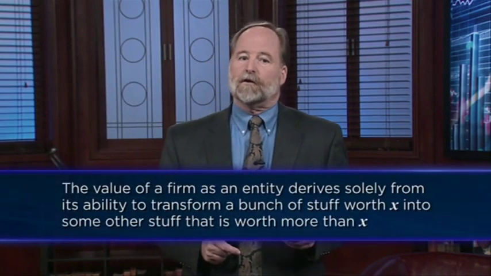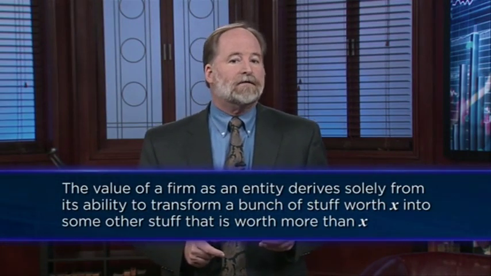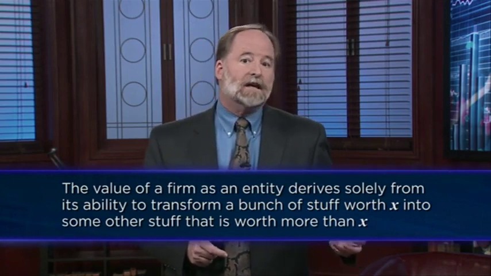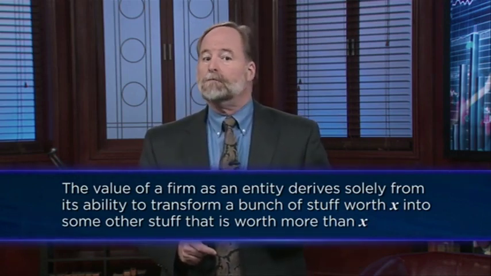To start, we need to consider the general relationship between the cash flows of the firm and the value of the firm. The value of the firm as an entity derives solely from its ability to transform a bunch of stuff that's worth X into some other stuff that's worth more than X. The firm's management adds value only if the present value of the expected cash flows exceeds the certain value it paid for the inputs.